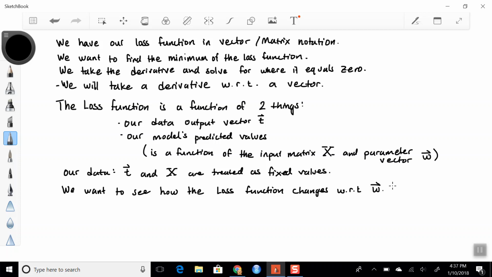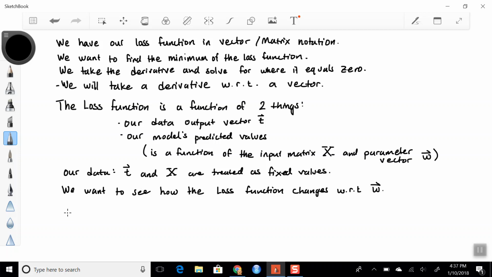A derivative for a function with one variable tells you how the function changes with respect to that one variable. Now that we have a function of a vector, the derivative or the gradient of that function tells you how the function changes with respect to each component of the vector.